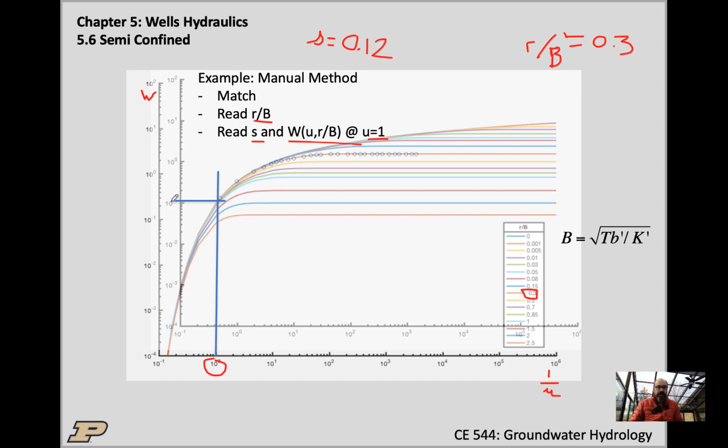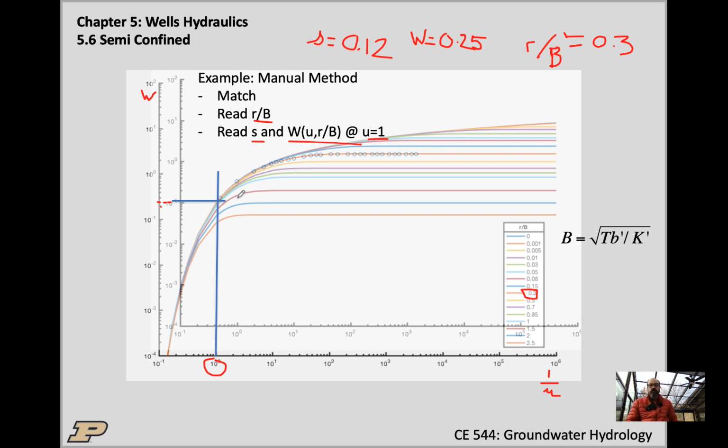And then if we go out to the W-u graph, we see this is 0.2 something, so W equals 0.2 something, 0.25, 0.2, whatever you want to call it if you're reading manually. Okay, so now we have everything we need.